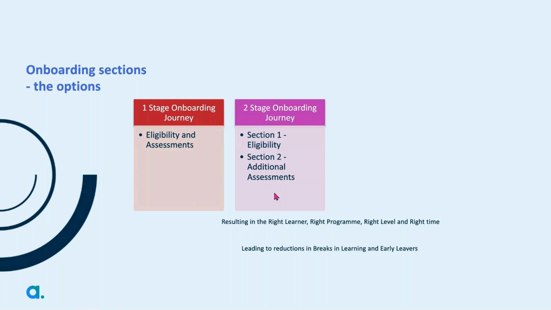So if we look at these two, what are the advantages and disadvantages of both? The advantage of this one is that it's a one-stage journey, so the learner will only have to engage once in an application journey. Disadvantages: it can be quite long. In terms of the time frame and the commitment from the learner, that can be quite a long experience. Advantages of this one: it's shorter and much more manageable for the learner, because they are simply engaging in eligibility and then assessments.